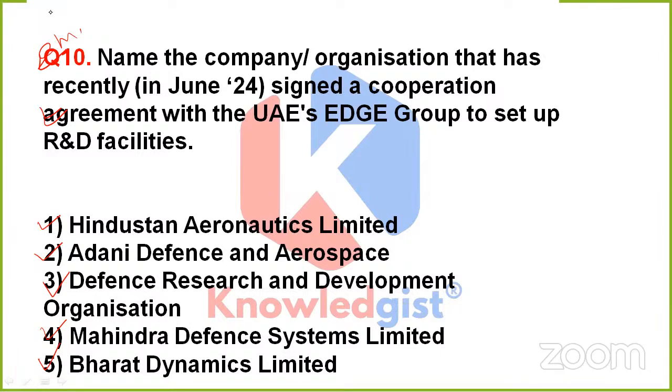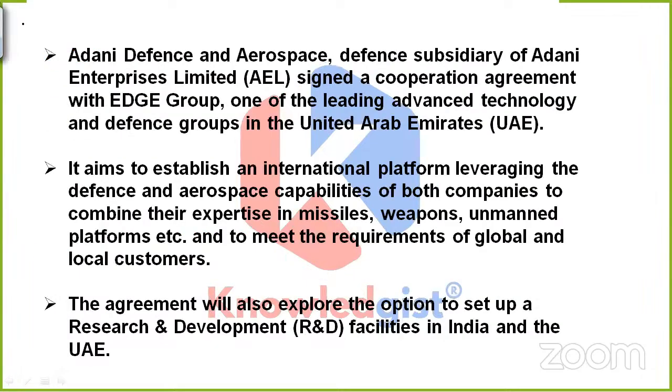Learn Shortly is saying 3. Okay. So this time, dear, the correct answer is 2. That is Adani Defence and Aerospace. See, this Adani Defence and Aerospace is the defense subsidiary of Adani Enterprises Limited. What has it done? It has signed a cooperation agreement with Edge Group. What is it?